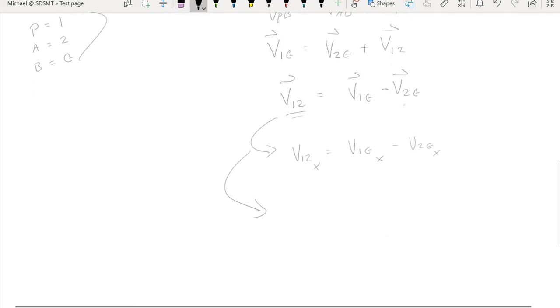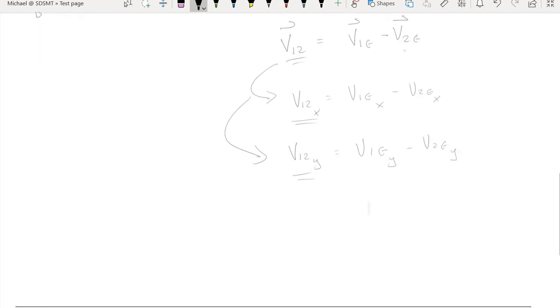So if I can see how plane 1 and plane 2 are moving with respect to each other just along the x-axis, then I can get the x component of their relative velocity. And if I can see how these planes are moving with respect to the y-axis, then I can get the y component of their relative velocity.